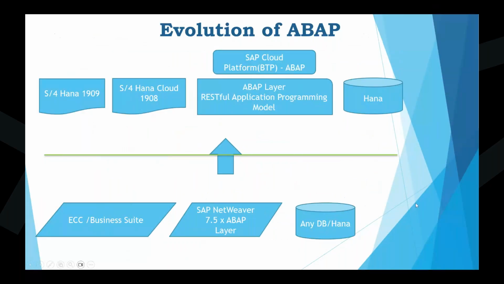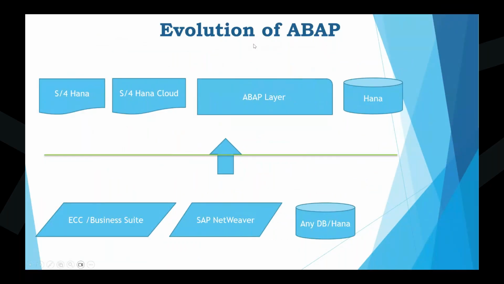Let's come back here. Now the evolution of ABAP, what evolutions have come in ABAP? I said that if your SAP system is ECC and business suite, and you have installed the SAP NetWeaver Gateway, you can connect to the DB, correct? Then we are moving from ECC to the next evolution.